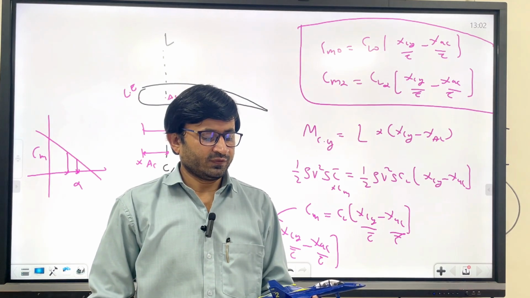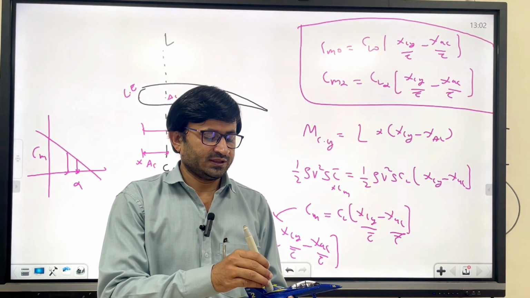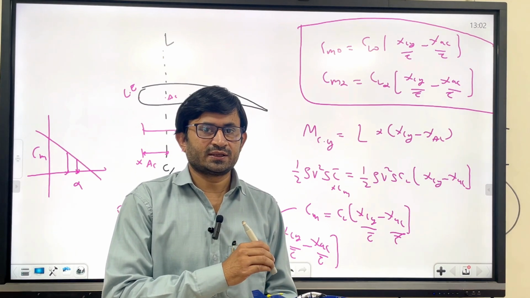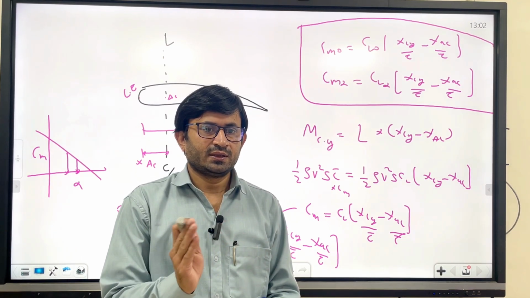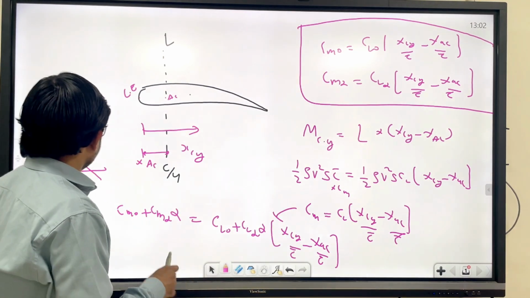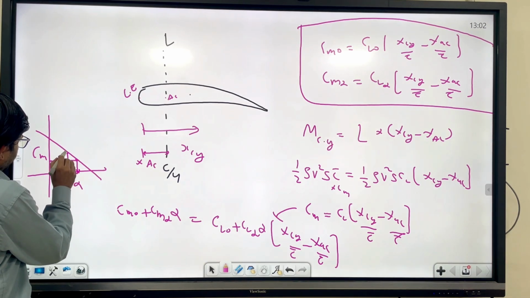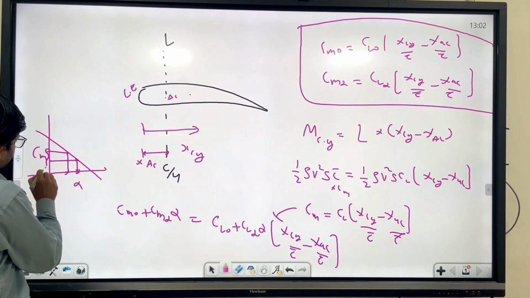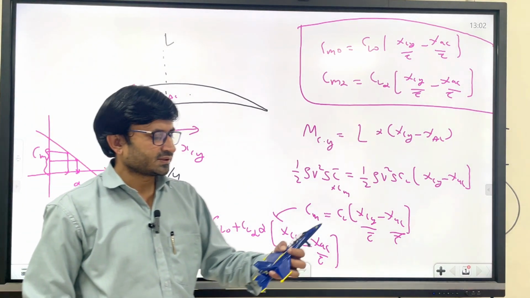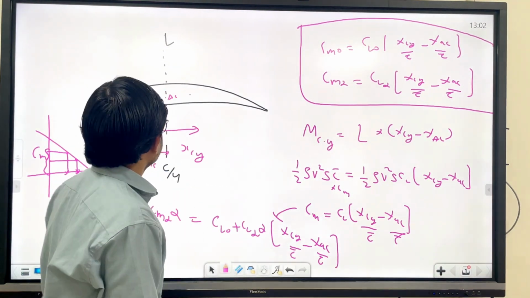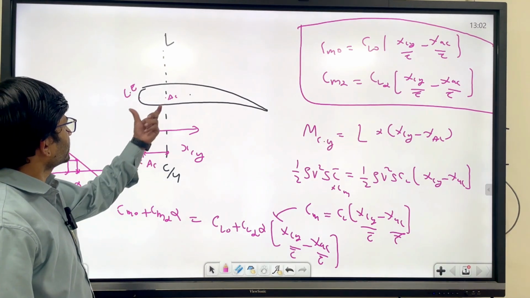Lift will increase, and if the CG is ahead of the aerodynamic center, there will be a nose down moment. That means this moment will be less compared to this moment when you increase alpha, and you can see it from this graph also.